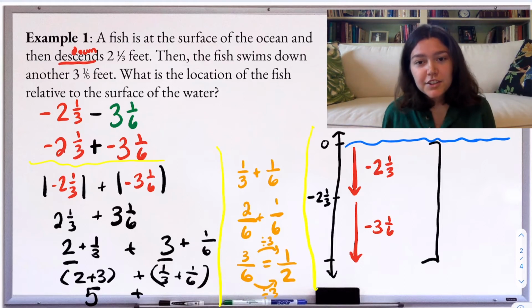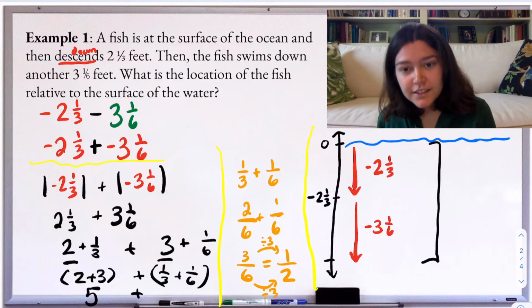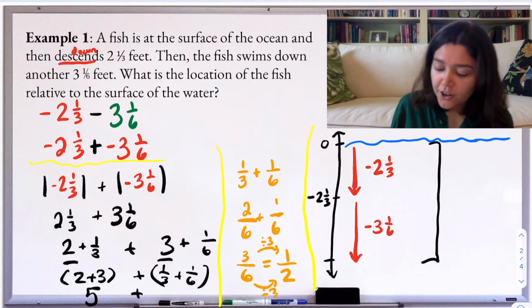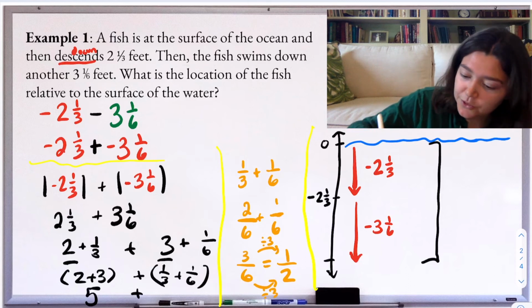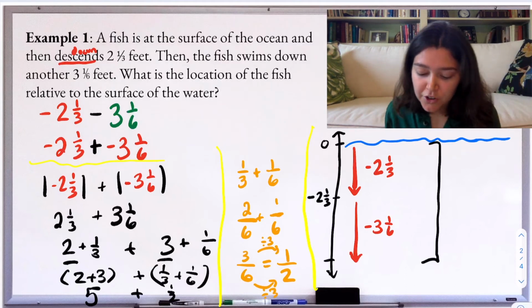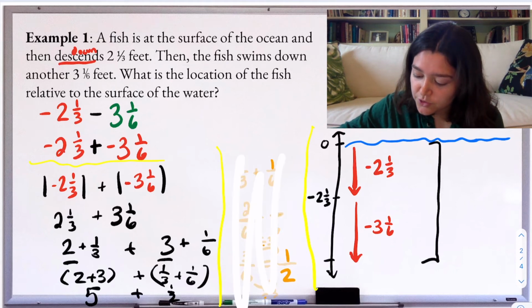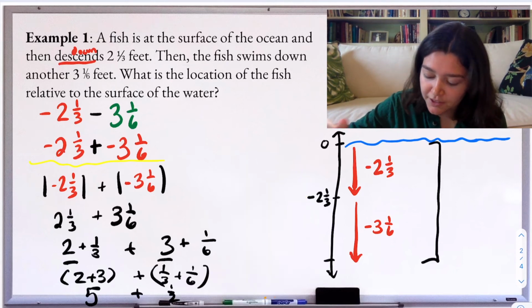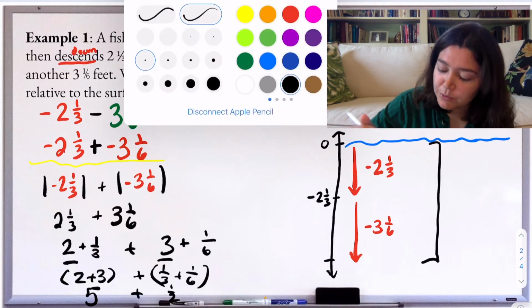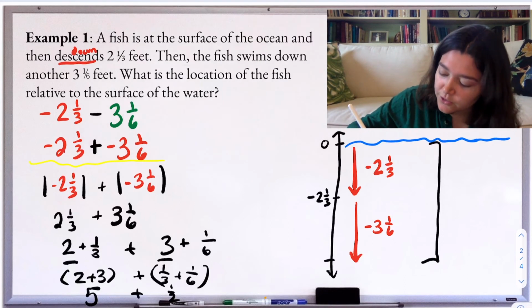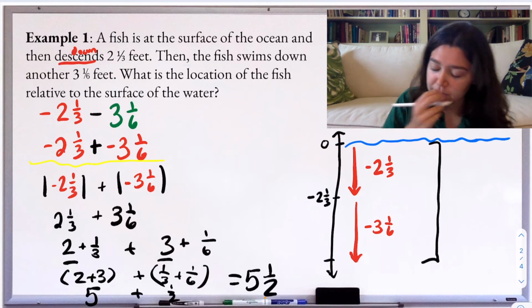That should make sense to you. 3 is half of 6. All right, so 1/3 plus 1/6 is equal to 1/2. That means that 2 1/3 plus 3 1/6 is equal to 5 plus 1/2. And 5 plus 1/2 is just equal to 5 1/2.